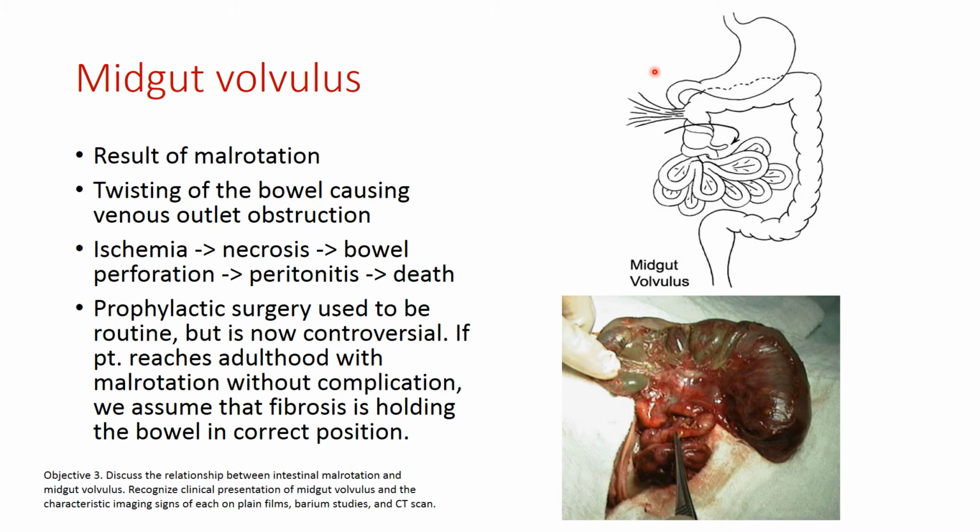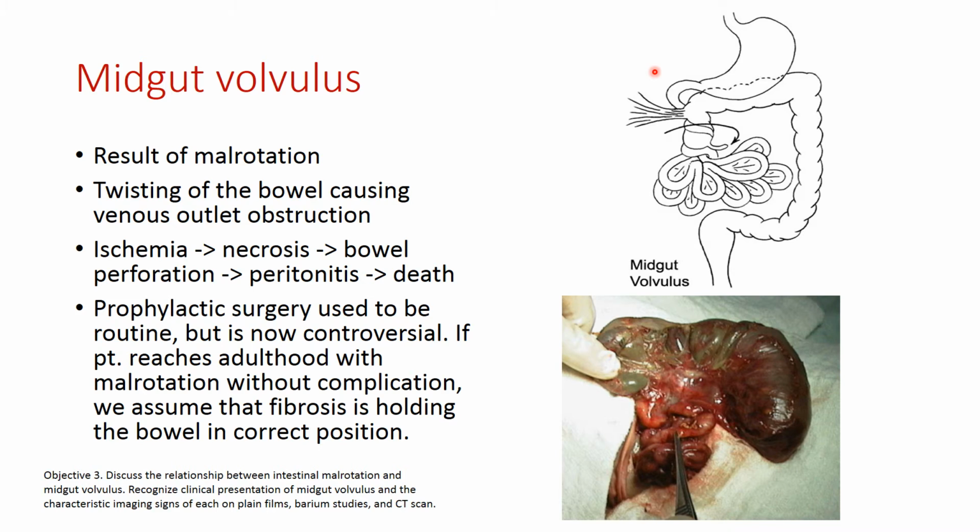And of course, that will lead to ischemia, which leads to necrosis of the bowel, bowel perforation. That can lead to peritonitis, and that can lead to death. And so this is an emergency. If we suspect the patient has midgut volvulus, this is a surgical emergency.